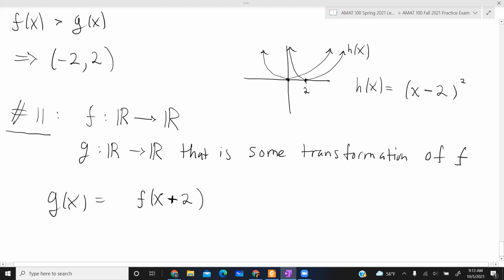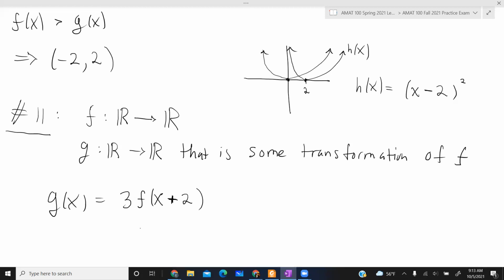We're told that it's a vertical stretch, so I have to multiply on the outside of the function by the number they're telling me, so 3. Remember f of x represents the y value.